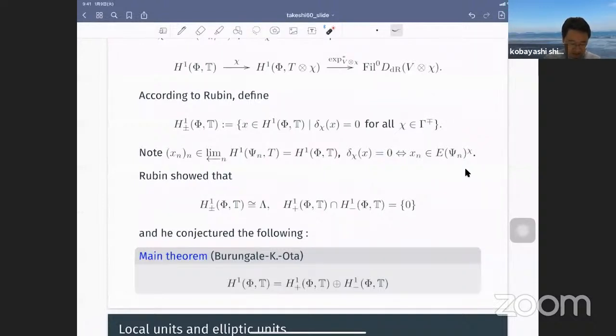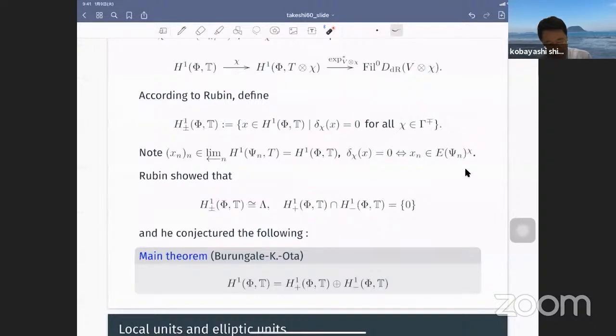It's my feeling. I think there is also an intrinsic relation between Rubin's conjecture and Kato's local epsilon conjecture. In fact, we can prove Kato's local epsilon conjecture in our setting by using this main theorem. But that is in the commutative case.